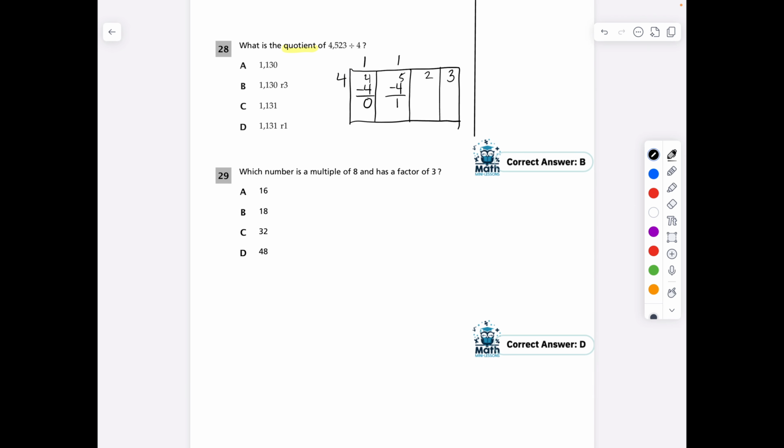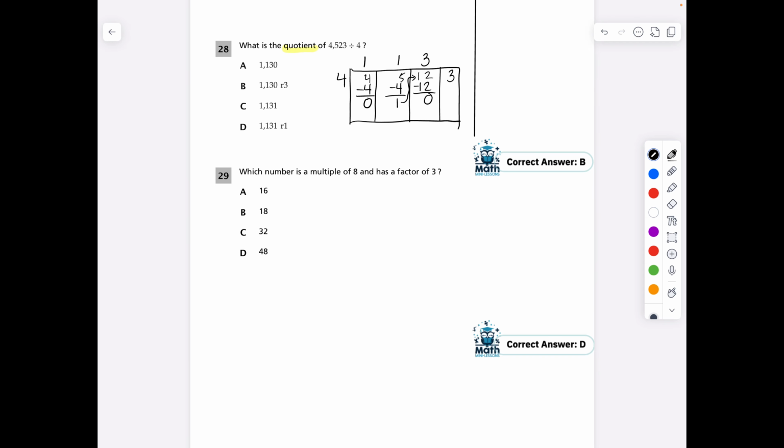Now this is where this model is super helpful, because now I'm going to take this 1 and put it over here to make 12. This is what makes this model super cool. So now I'm thinking, how many 4s can I take from 12? I can take 3 groups of 4s. How much is 3 groups of 4? 12. And I have 0.